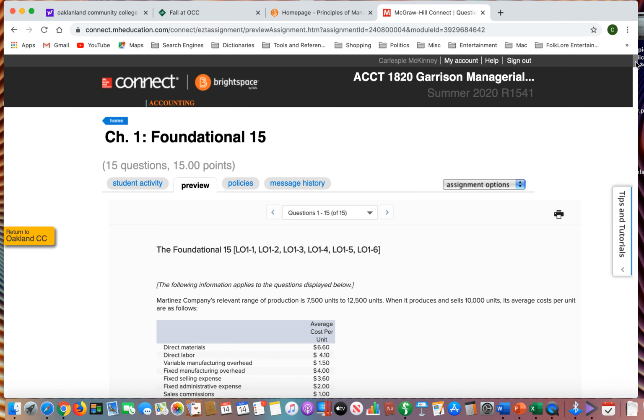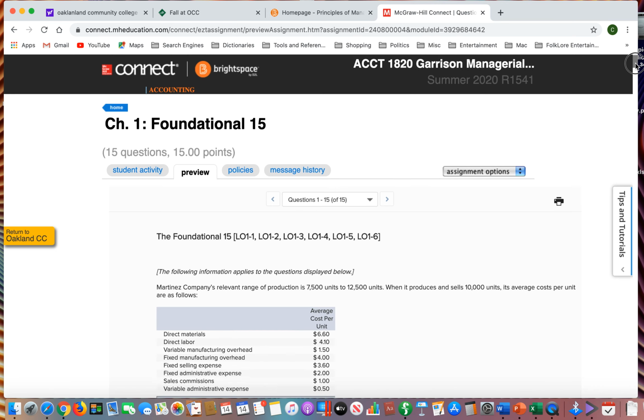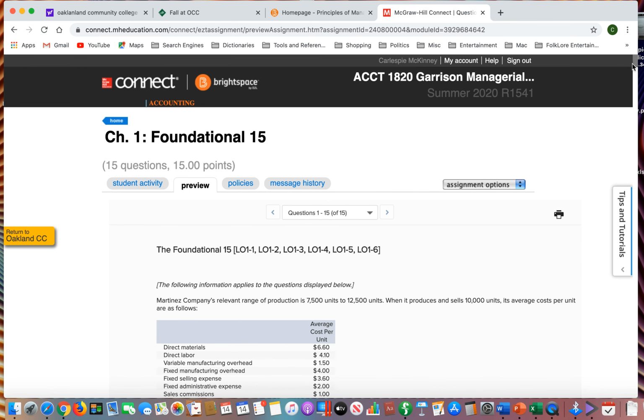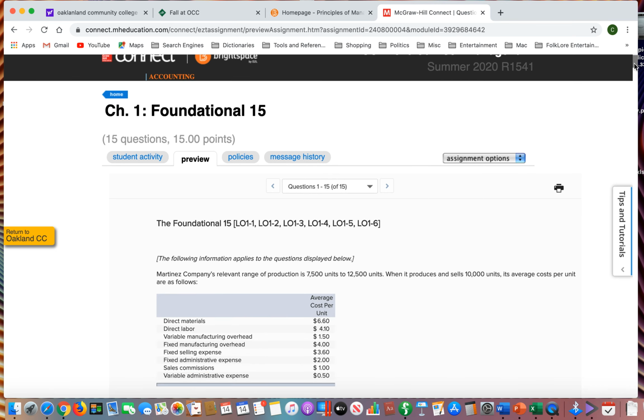And first of all, let's take note of the information here because this is key. You really have to take note of what it says here. Martinez Company's relevant range of production is 7,500 units to 12,500 units. When it produces and sells 10,000 units, that's within the range, its average costs per unit are as follows.